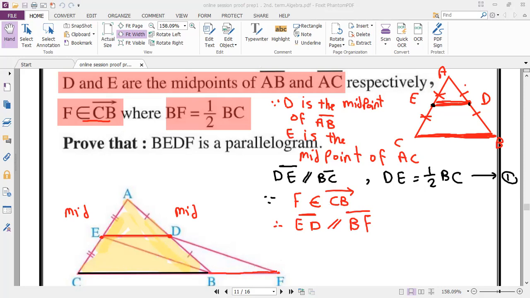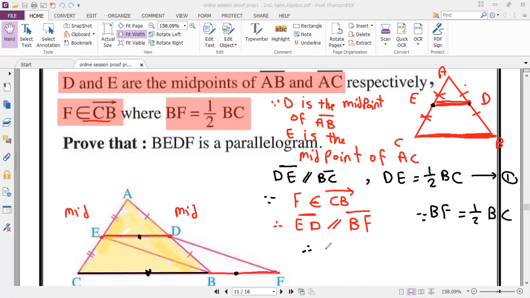And if we look at the given, we have here BF equals half BC. Let's focus on it. Since BF is half of BC, and I proved that ED is half BC, so DE is half of BC and BF is half of BC.